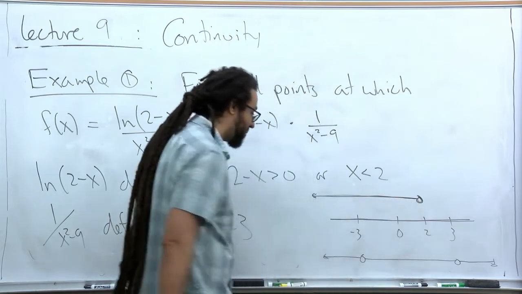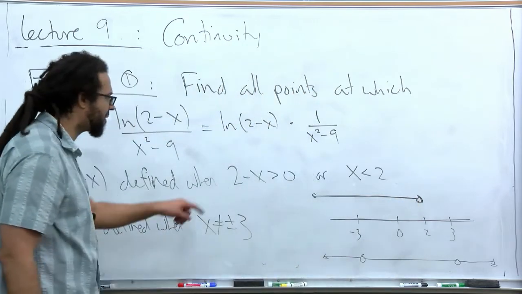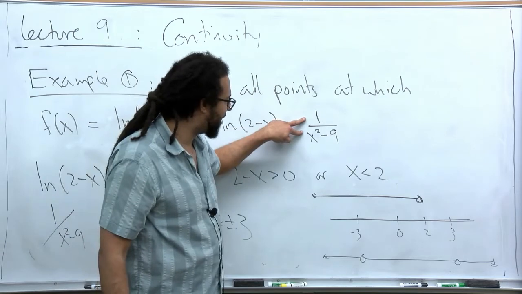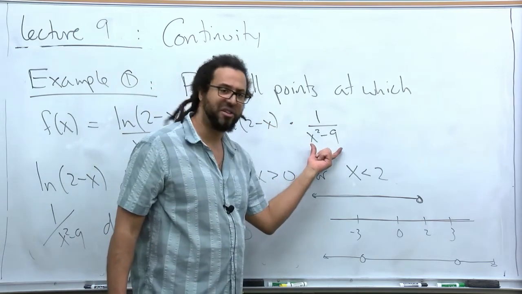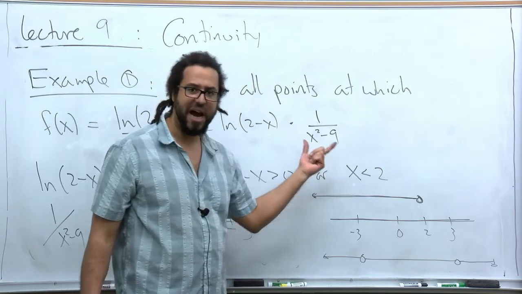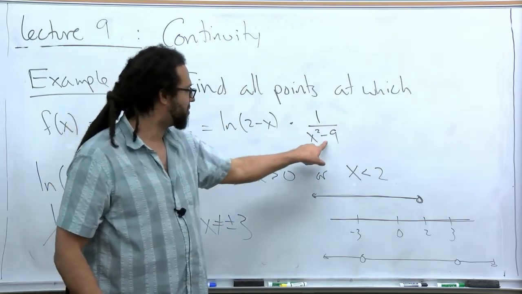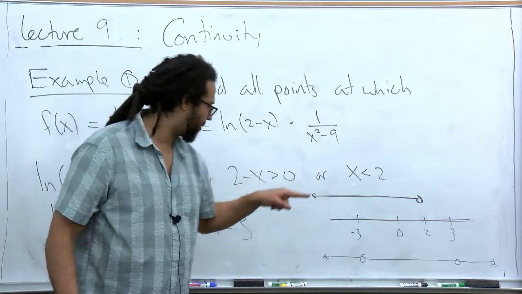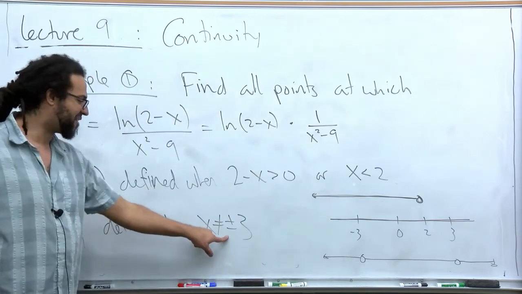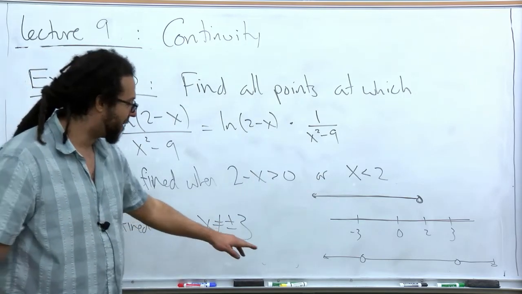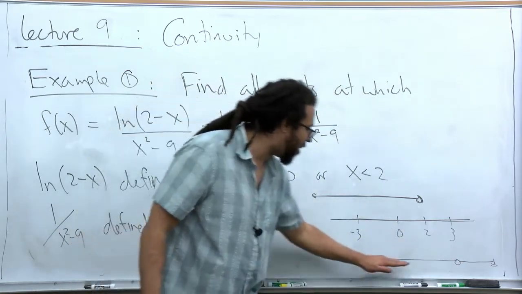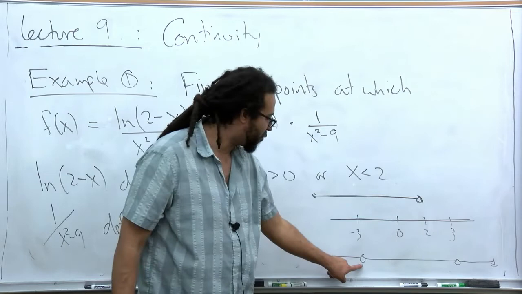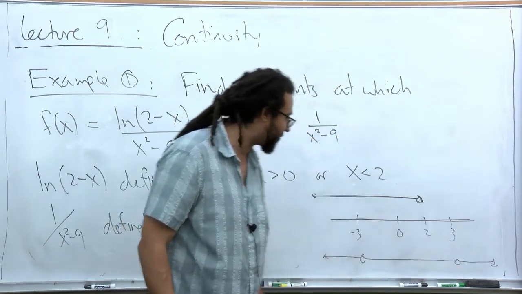An open circle means strictly less than. What's the domain of the second piece? Well, it's a rational function, so the function is good when the denominator is not 0. When is the denominator equal to 0? Whenever x is equal to plus or minus 3. So the domain of this second function is all x's except negative 3 and 3.